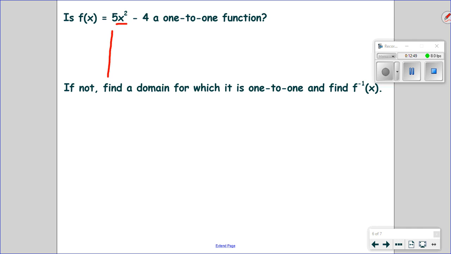The graph is a parabola. The 5 is going to vertically stretch or narrow the parabola, and then the minus 4 is going to shift it down 4. So, I don't know, it might look something like this, just a quick sketch. All right, now I can tell, though, that the graph of a parabola will not pass the horizontal line test, because if I draw a horizontal line through that graph, it's going to intersect twice.